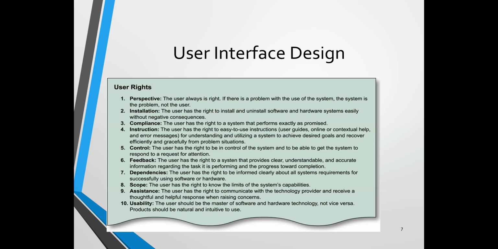Next one, installation. Users have the right to install and uninstall software when they don't want it, and hardware systems, easily and without negative consequences. In the past, when you installed some old software on the computer, once you uninstalled it, your system was no longer the same as before.